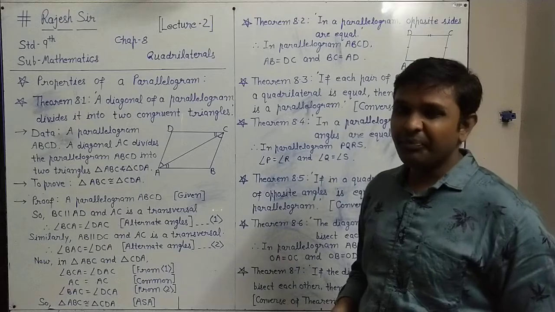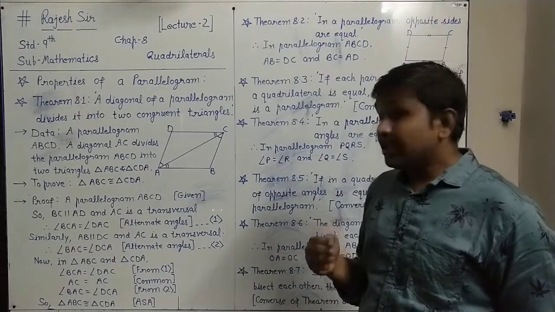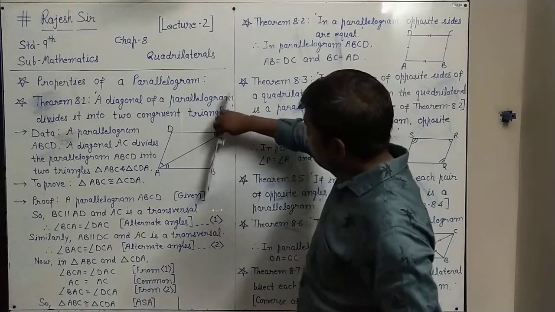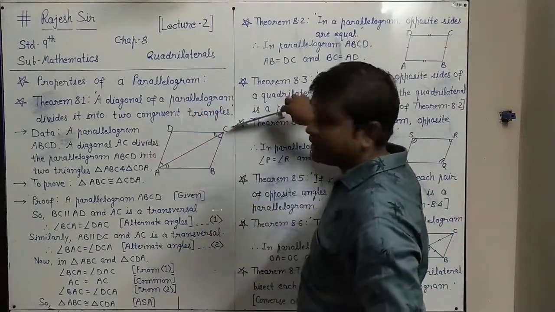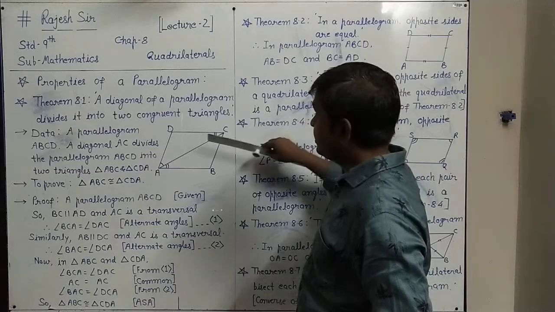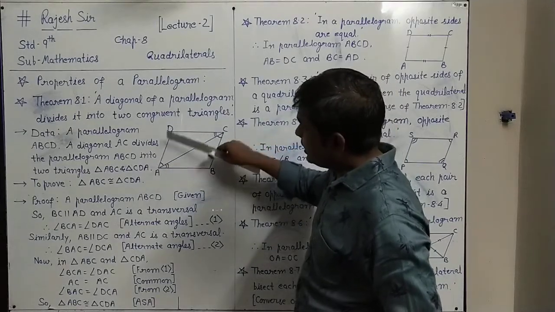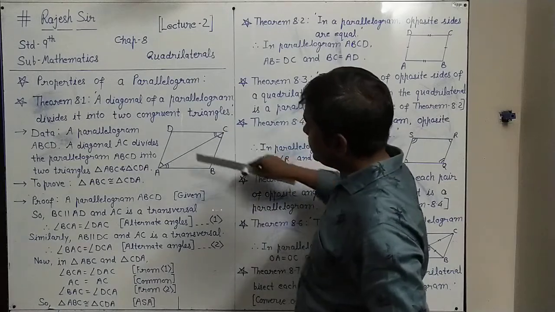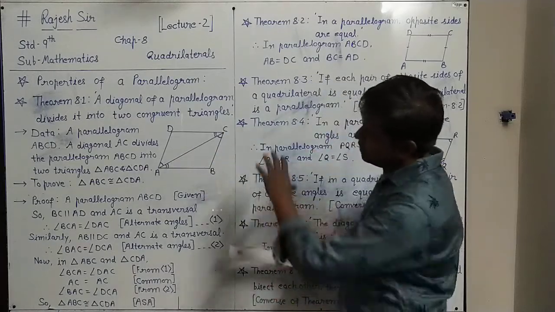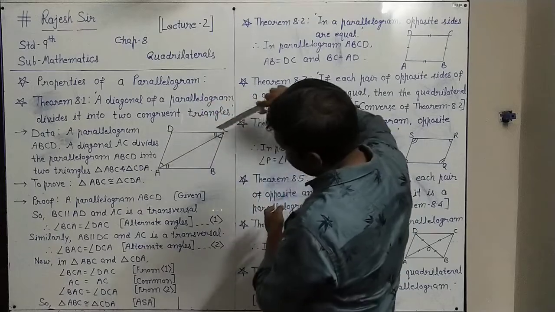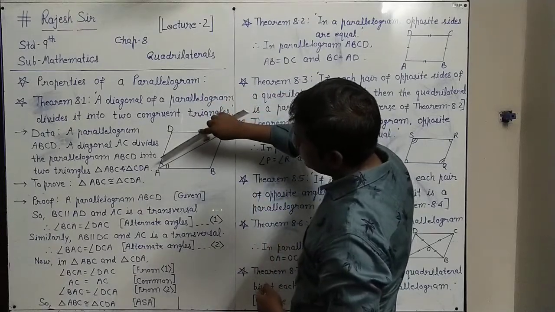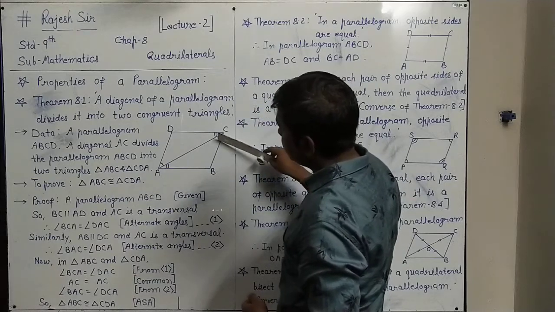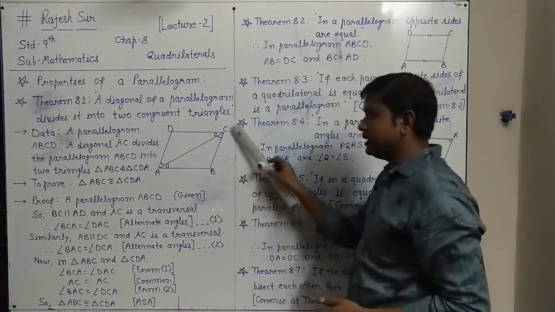In chapter number 6, lines and angles, we have seen that if two lines are parallel and a transversal intersects both of them, then angle DAC and angle ACB are made. You can see this Z shape. The Z corner angles are angle BAC and the other corner angle ACB, or BCA.